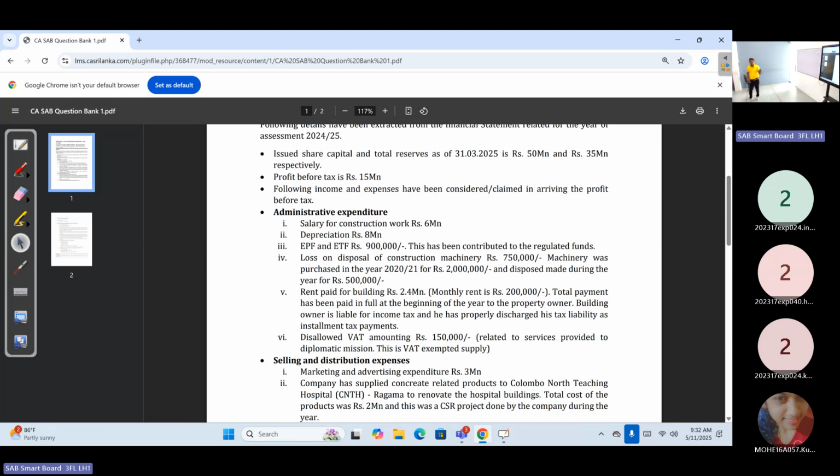The asset has already been disposed of during the year, so at the end balance we cannot claim. Correct, the correct word is acceptable charge.